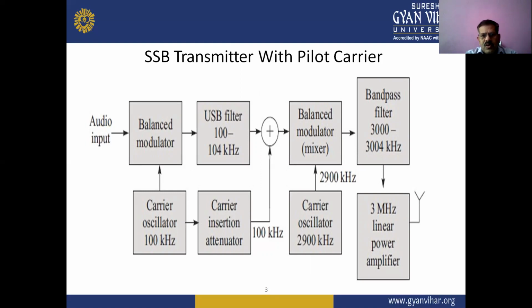The output of this summing network is fed to the balance modulator, this is the mixer. In this mixer, a carrier signal is also mixed, that is generated by the carrier oscillator, which has the frequency of 2900 kilohertz.